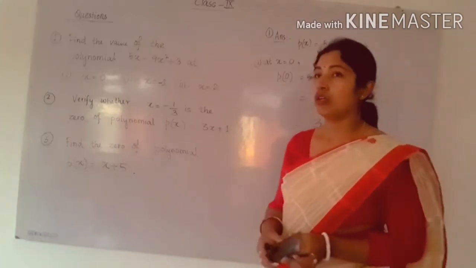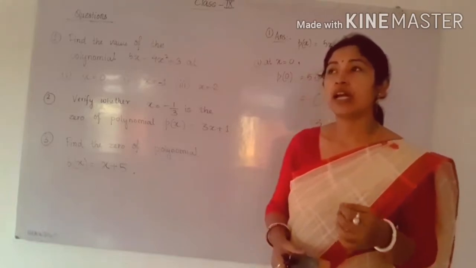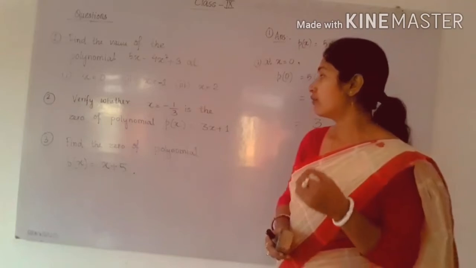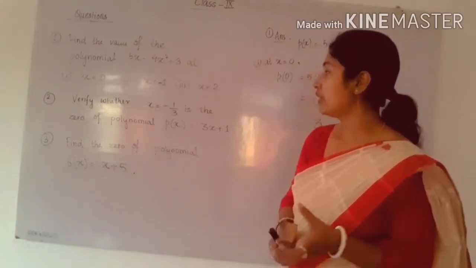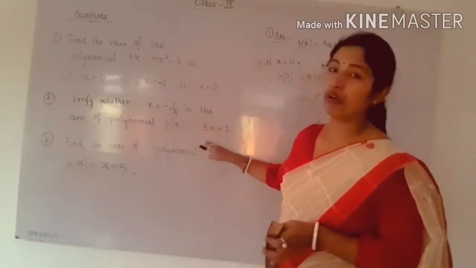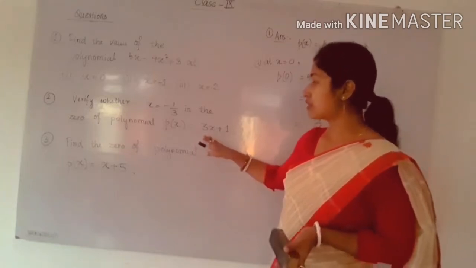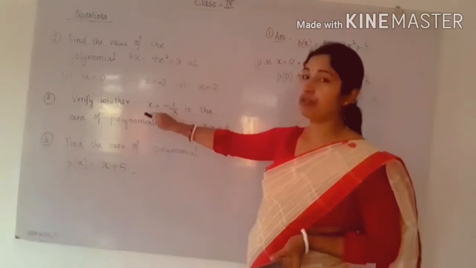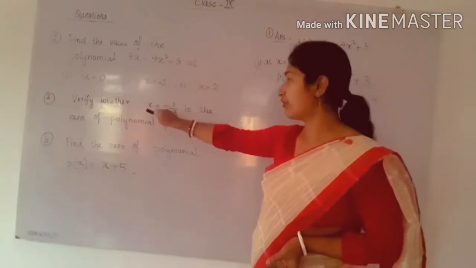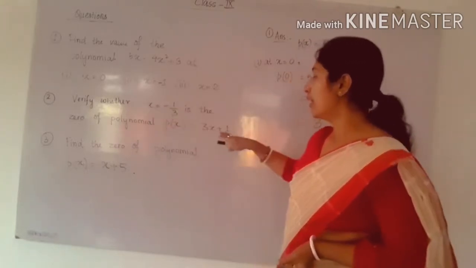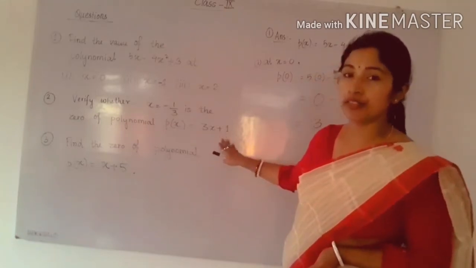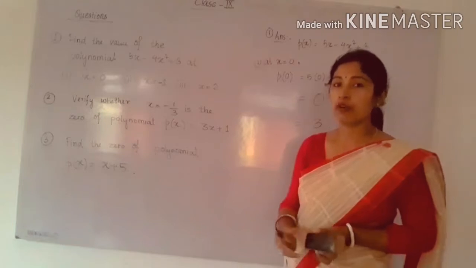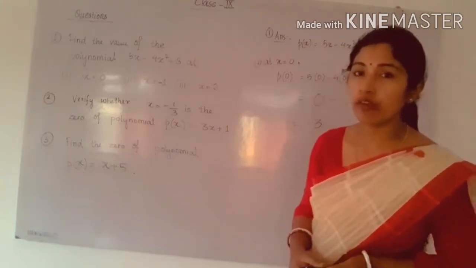First of all, you have to recall that when any value of x will be the 0 of a polynomial. Already we have discussed that at the given point, that means the given value of x, when we put the value of x in the given polynomial, if the answer is 0, then that value of x will be called the 0 of the given polynomial.